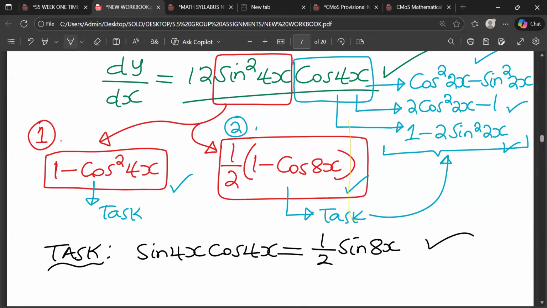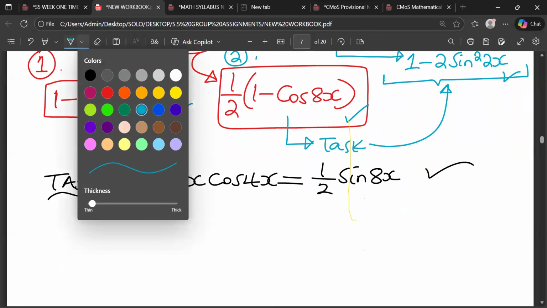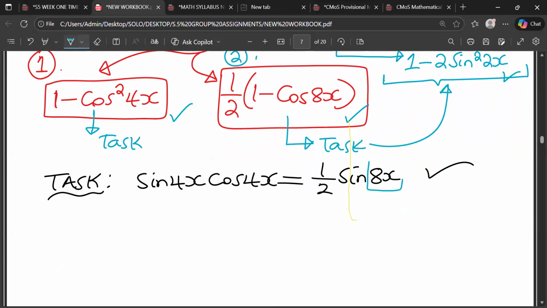Remember, this is non-differentiation too. Yes, we are differentiating trig functions, but these are things that require you to have a lot of trig knowledge. And it always comes, maybe you realize the question is asking you to write your answer up to somewhere like 8x. So that means you should have that knowledge of double angle.